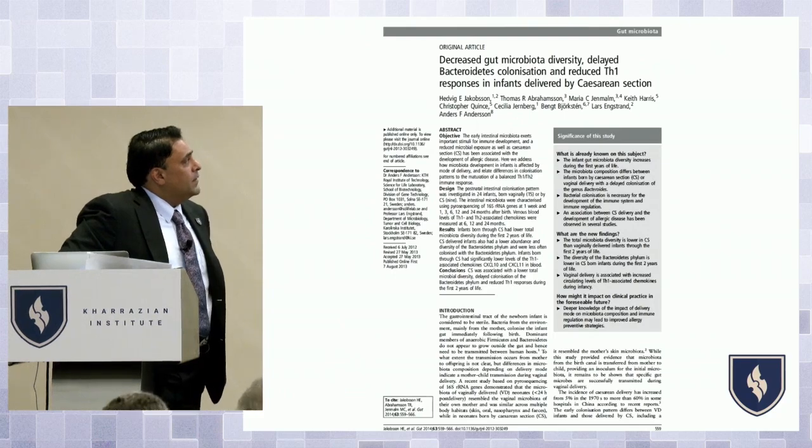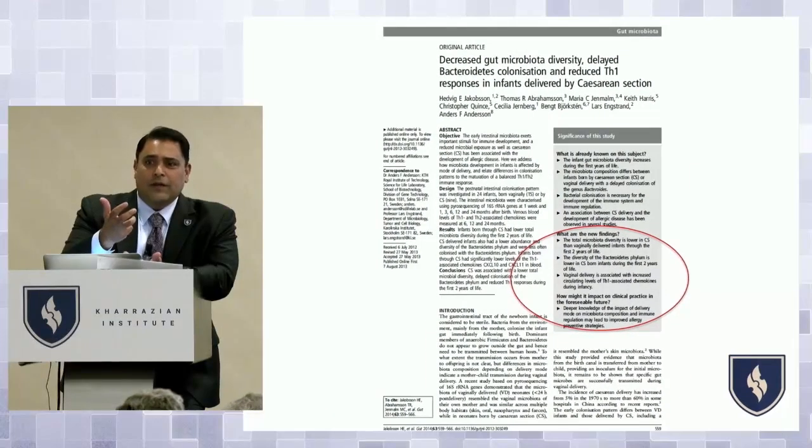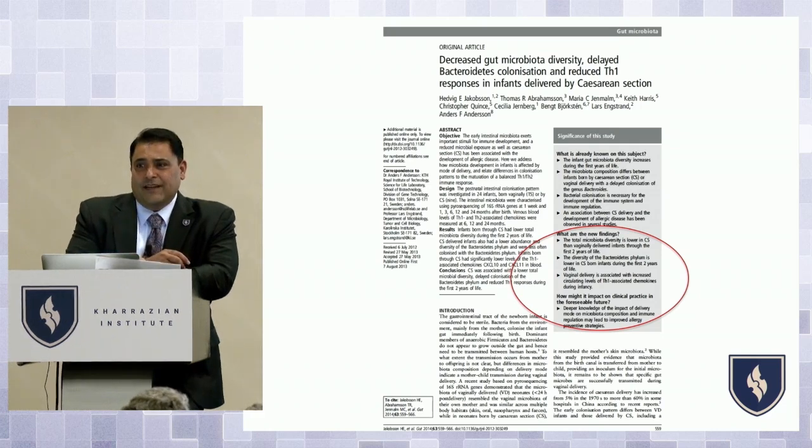And then this is one paper that was published: decreased gut microbiodiversity, delayed bacteroides, C-section. And they go on to show that C-sections totally changed microbiome potential. As a matter of fact, right now, you can measure everyone's microbiome, the bacteria in the gut, and you can tell from the bacterial species whether when they were a child, they were born through a vaginal birth or through a C-section.